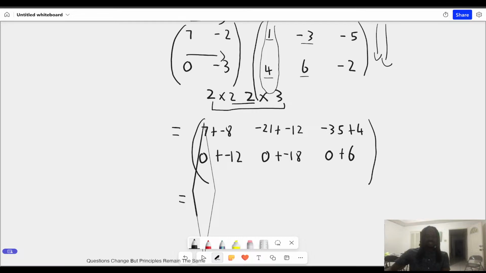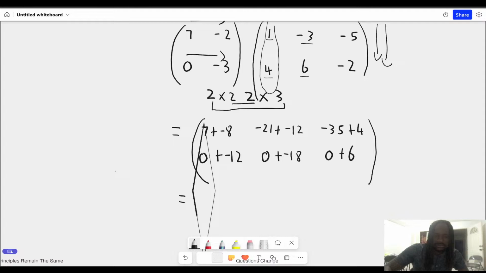So 7 plus -8. Where is it gone? So 7 plus -8, that gives me -1. Why is this not coming off the screen?